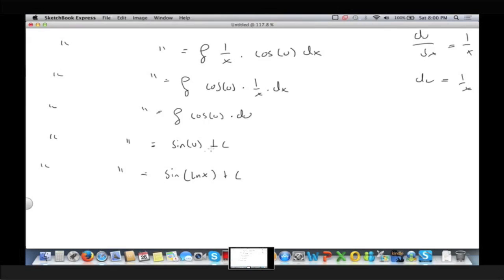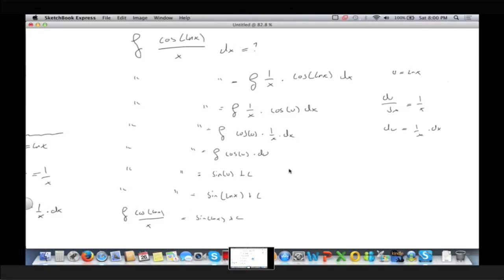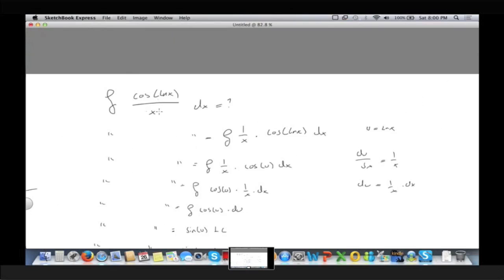I'll give this cosine, sine, v, plug u back in, plus c. So rewrite this as 1 over x times cosine natural log of x, and then we use u substitution. u equals natural log of x.